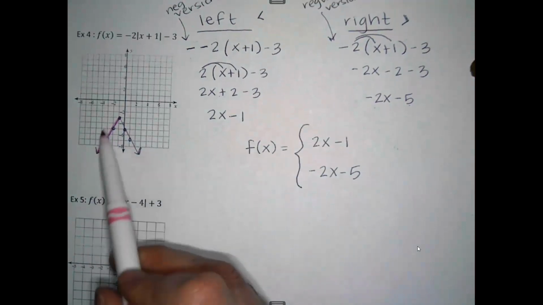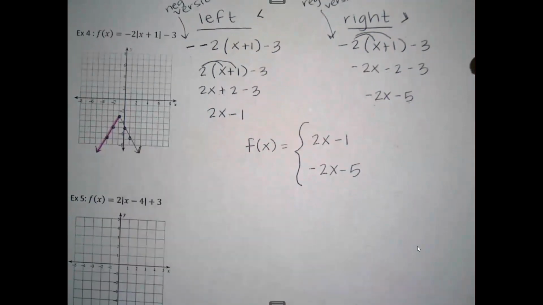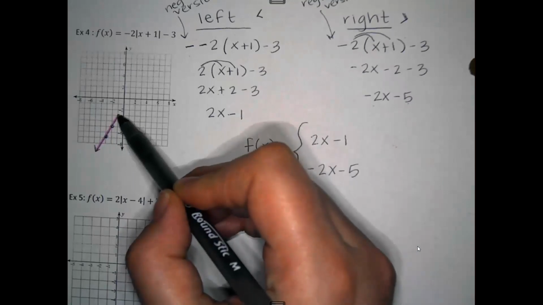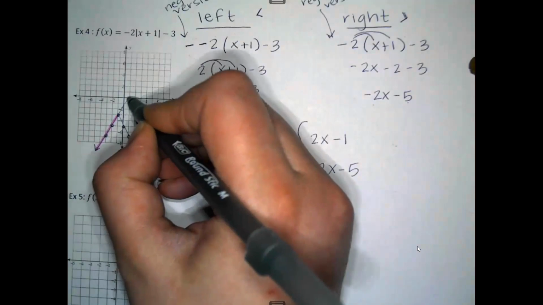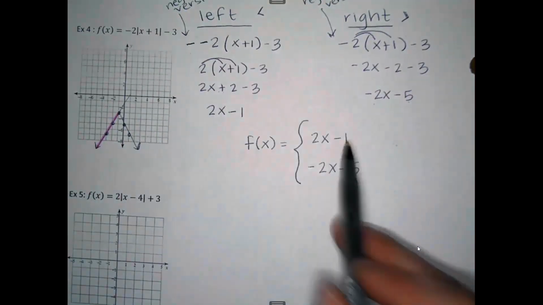Up 2 over 1? Does it look like if you continued this line it would have a y-intercept of -1? Yeah, okay, so that one fits.